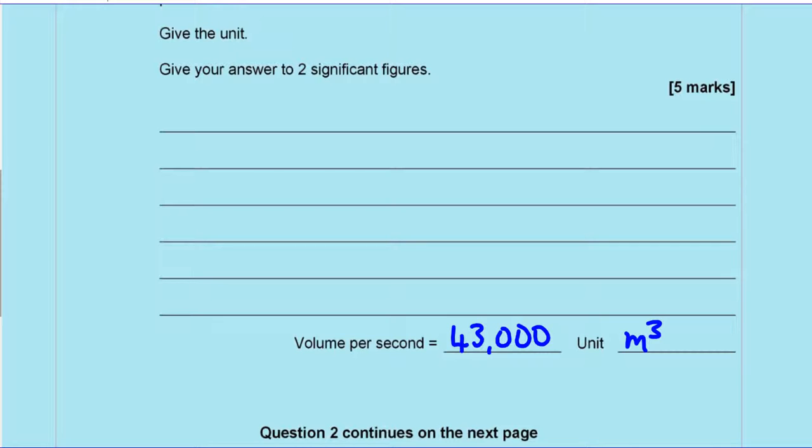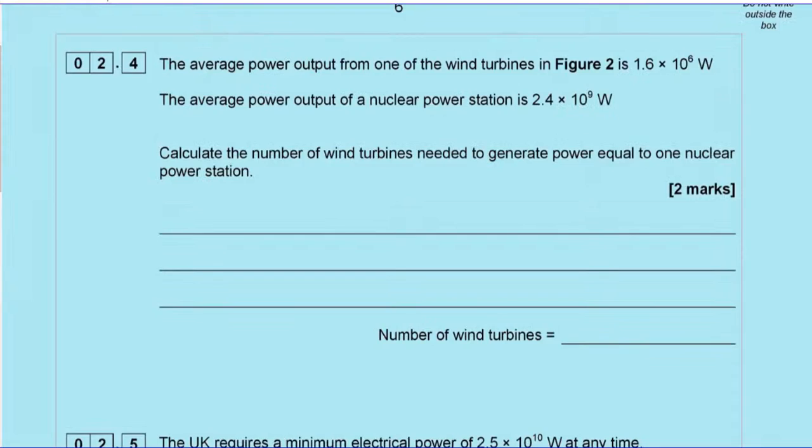Now, 2.4, we're told that the average power output from one of the wind turbines is 1.6 times 10 to the 6 watts, and we've then got to make a comparison to a nuclear power station where the average power output is 2.4 times 10 to the 9 watts. What we've got to do is to calculate the number of wind turbines needed to generate the power equal to one nuclear power station.